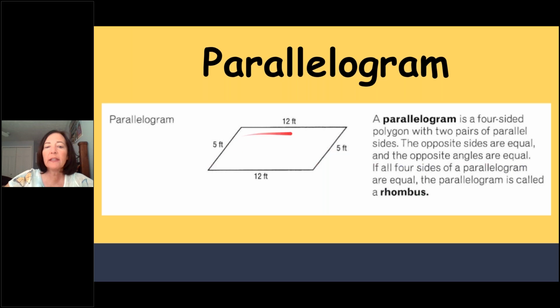They are always going to be the same distance apart. In a parallelogram also, opposite sides are going to be equal, and the opposite angles are going to be equal. There's a special type of parallelogram. If all four sides were equal, that's going to be called a rhombus. So that's basically what a parallelogram is.